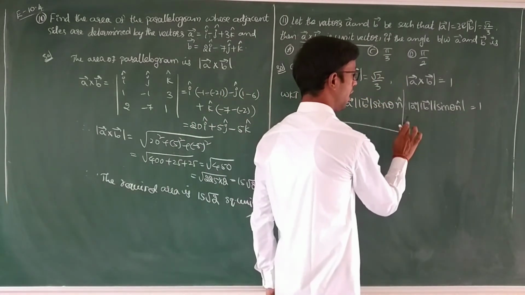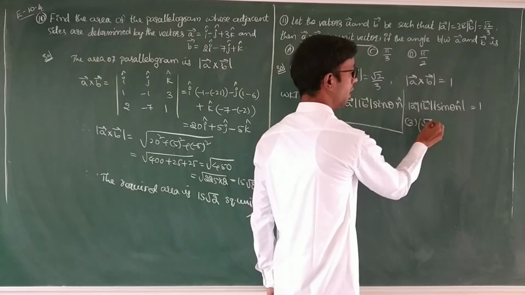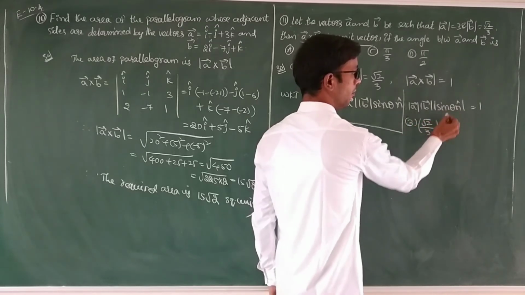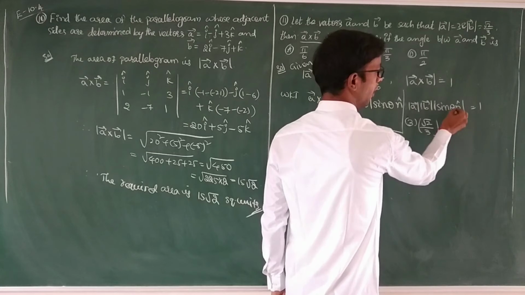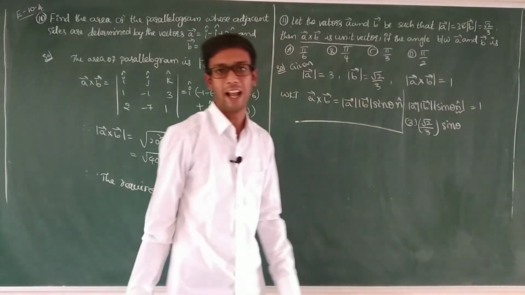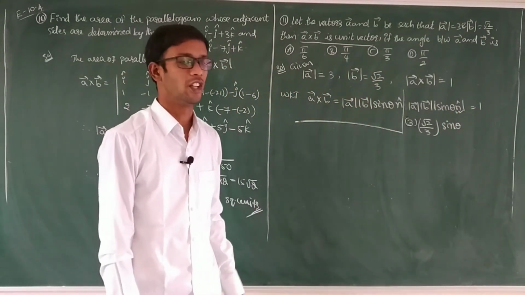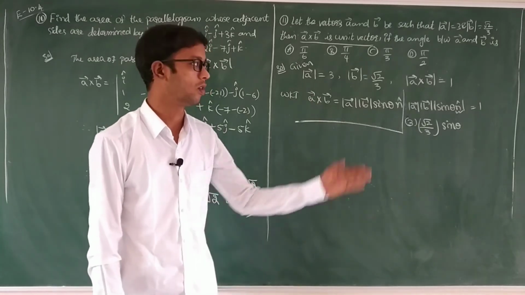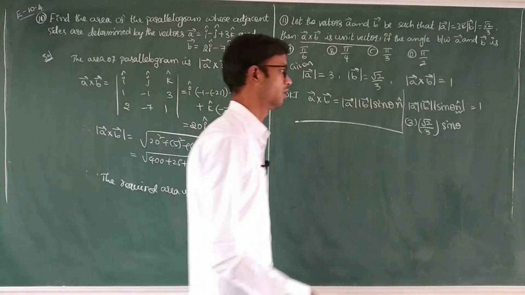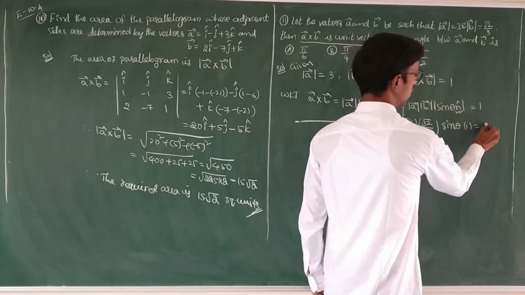So magnitude of A bar is 3, magnitude of B bar is root 2 by 3, and sin theta. Why no magnitude for n cap? Because n cap is a unit vector which is perpendicular to A bar and B bar. So no need to write, unit vector magnitude is 1. Otherwise write 1 here also, no problem.